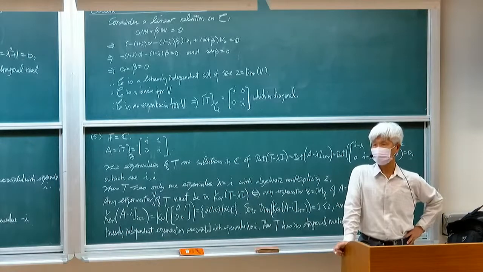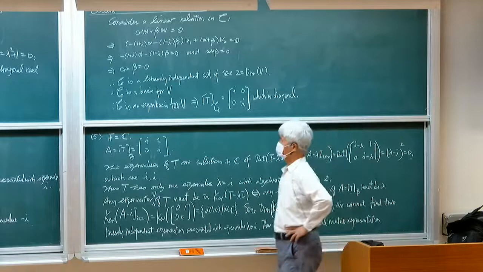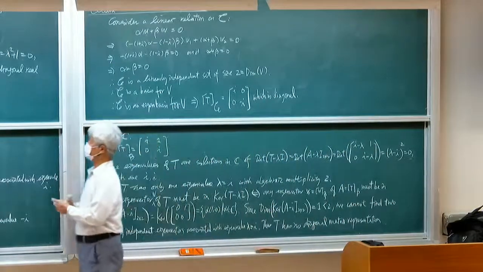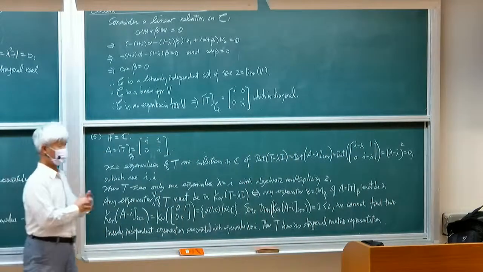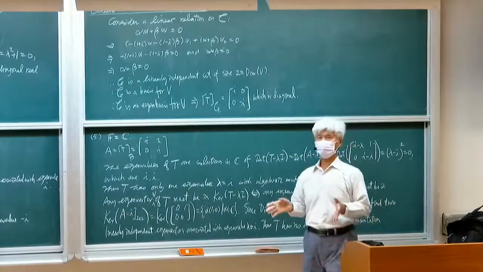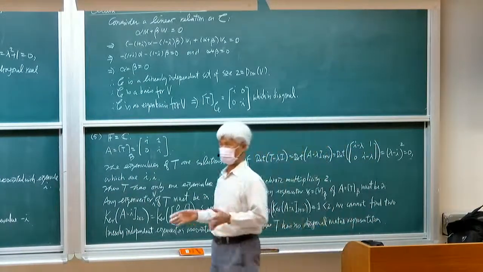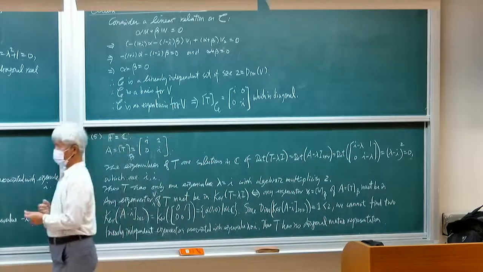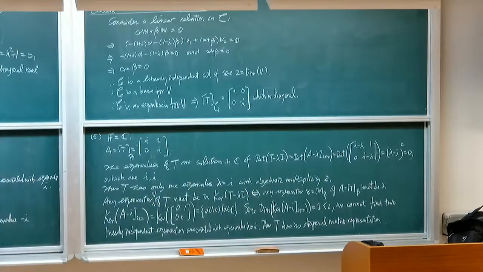Again, the shortage of eigenvectors is the fundamental limitation for a linear operator to have a diagonal matrix representation.